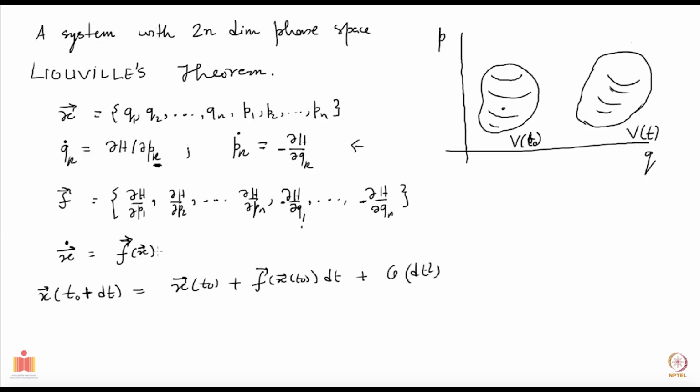This is just this equation solved near t naught. Okay, that's good. So what is contained in here is the information about how the points are going to move in time, which is the same as this equation.